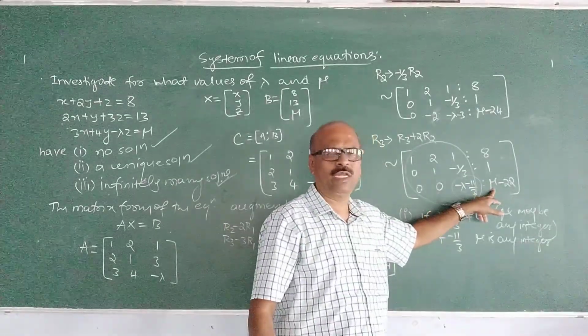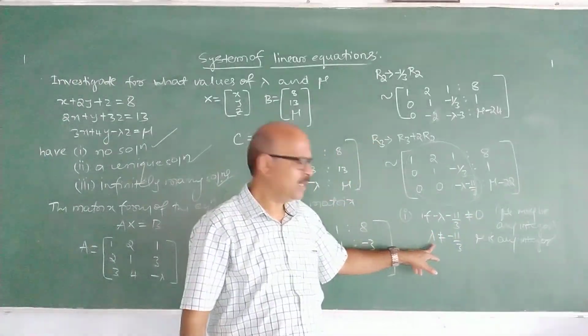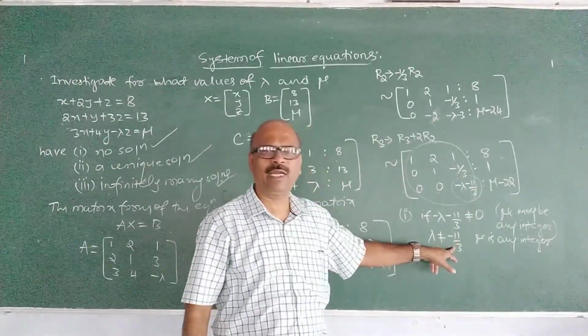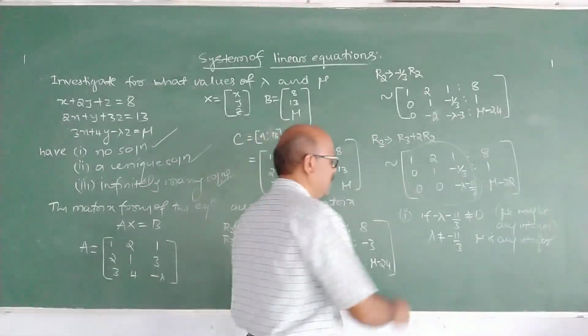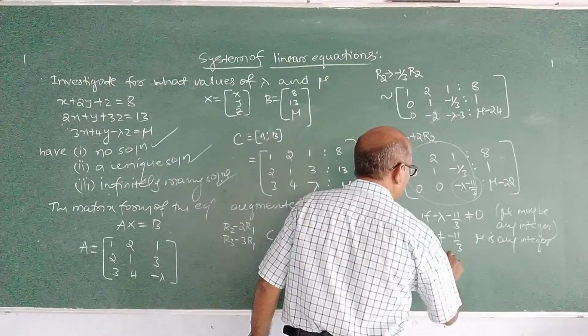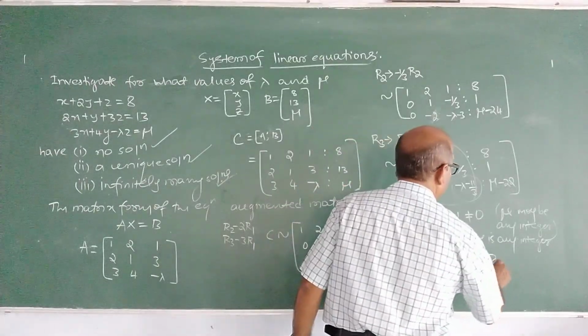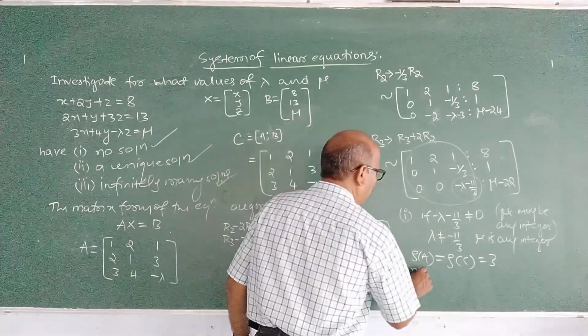That makes no difference. The lambda value is important here. When it is not equal to minus 11 by 3, then rank of A, the coefficient matrix, is equal to rank of the augmented matrix, which is 3, the number of unknowns.